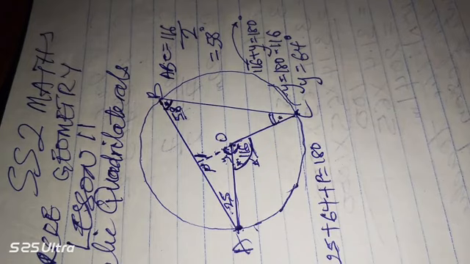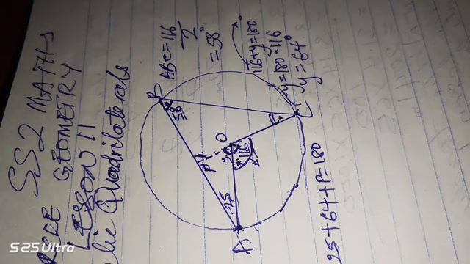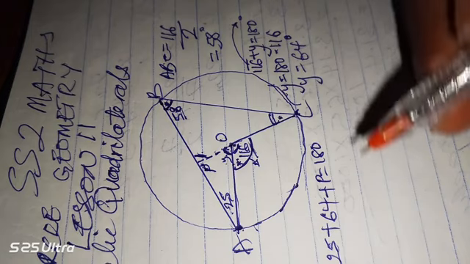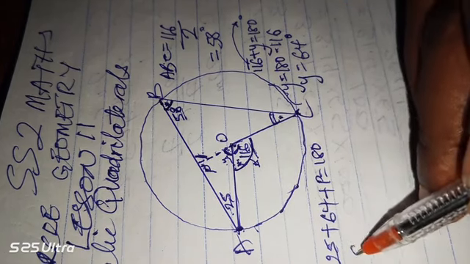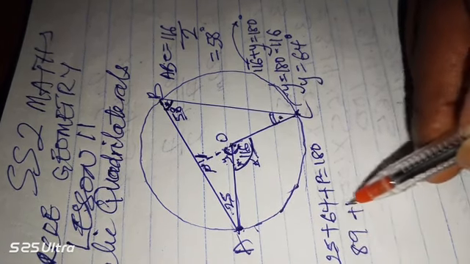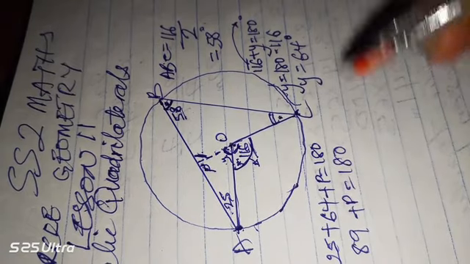Sum of angles in a triangle is 180 degrees. If I add up 25 plus 64, that will give me 89. That is 89 plus P equals 180.